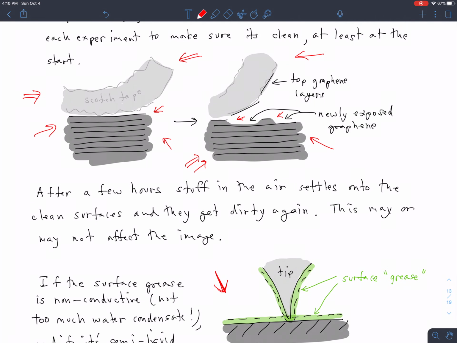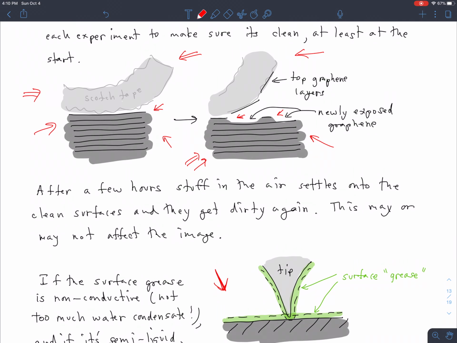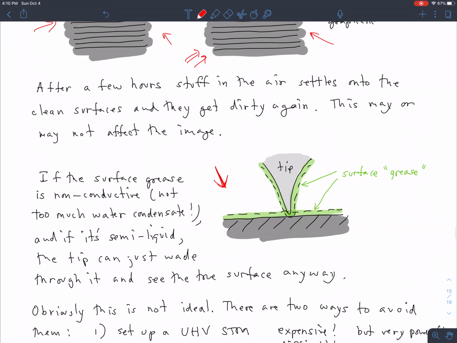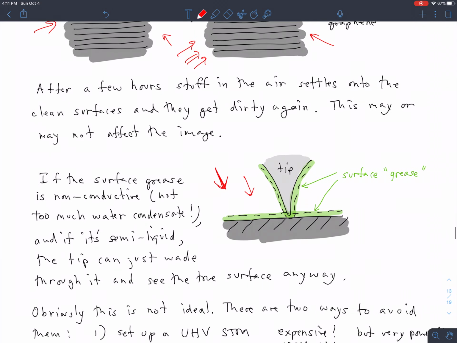The answer is no. It takes longer than that for various reasons. We'll talk about those when we actually do the experiment. And that means that what you're actually imaging isn't a clean sample. It's a sample that's been cleaned of its worst stuff, but within a few minutes or maybe an hour, maybe a few hours, it started to accumulate crap.